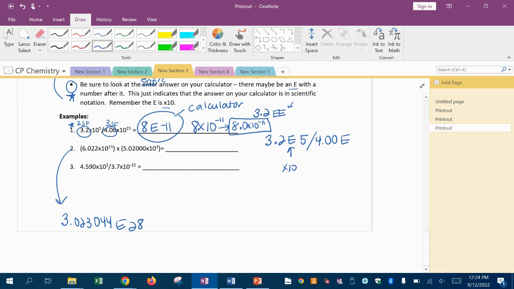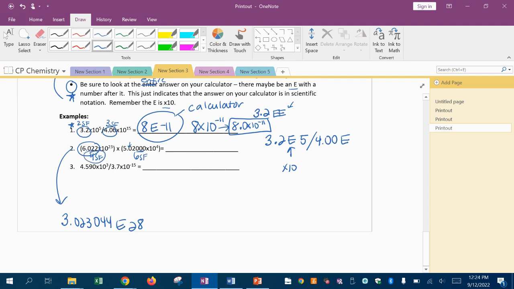Okay, so that's what my calculator is saying. I need to take it and put it in correct scientific notation with the right amount of significant figures. So here, that 0 is trapped, so that gives me 4 significant figures. Here, are these zeros significant? Well, the answer is yeah. They're at the end of the number after a decimal. So those 3 are significant, and that 0 is significant because it's trapped between a 5 and a 2. So we have 1, 2, 3, 4, 5, 6 significant figures.